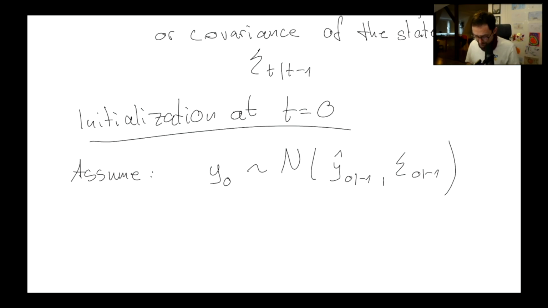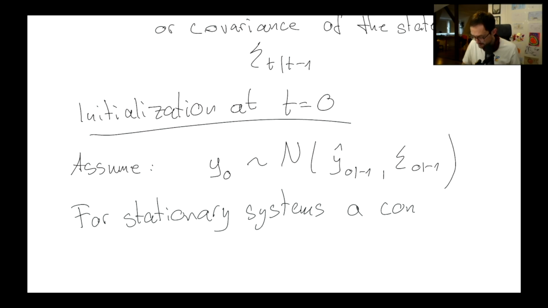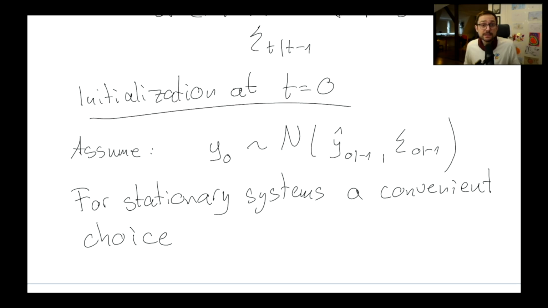Very often, though, for stationary systems, a convenient choice is to initialize at the unconditional long-run mean and covariance matrix of yt, which we compute from our state transition equation. Why?